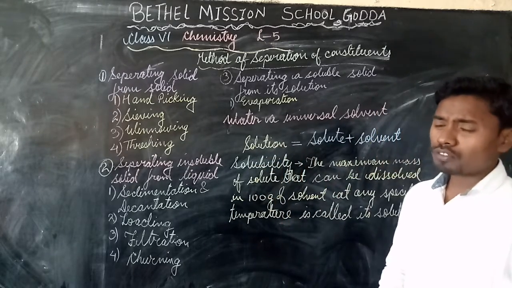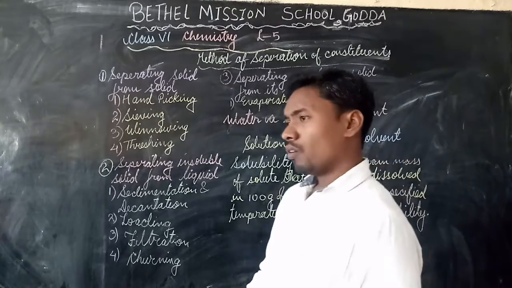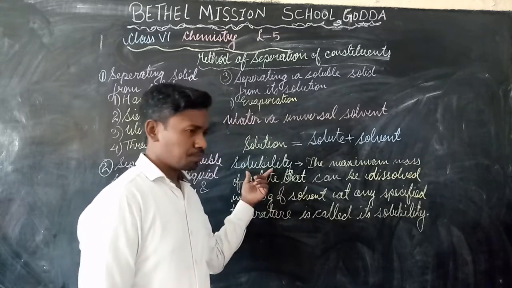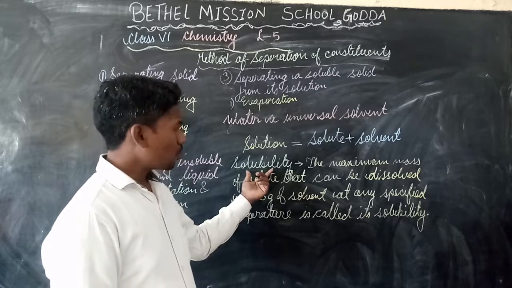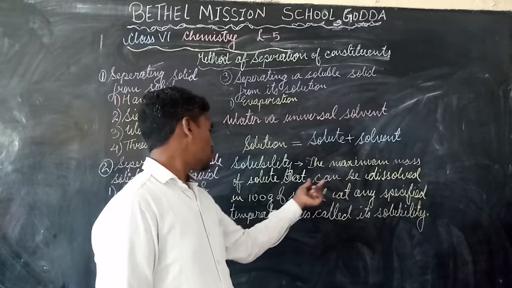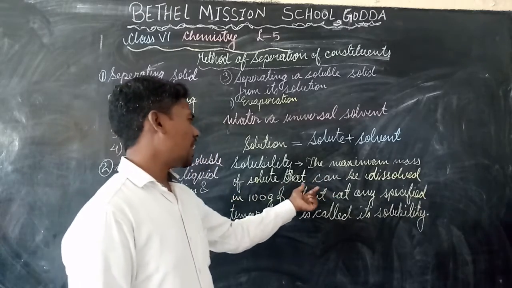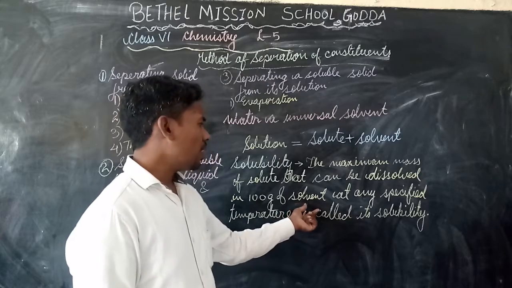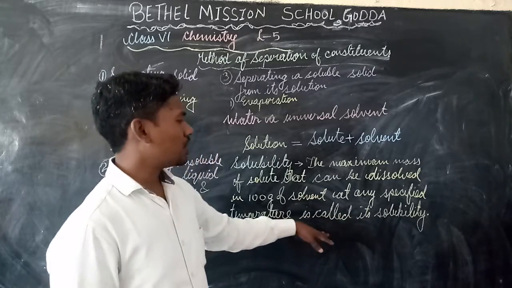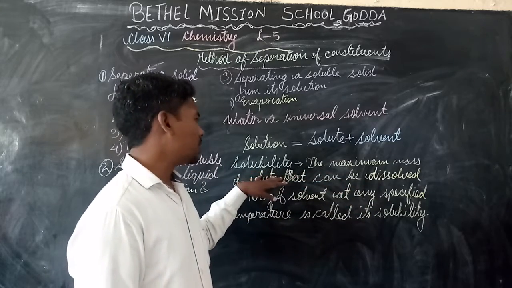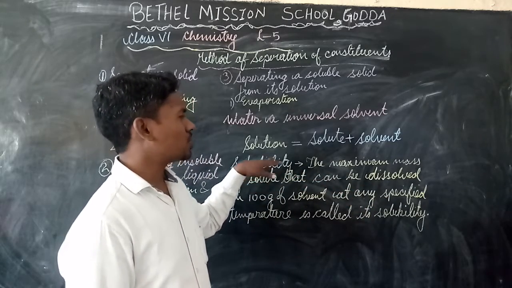When we talk of solution, we also talk about solubility. So what is solubility? The maximum mass of the solute that can be dissolved in 100 gram of solvent at any specified temperature is called solubility.